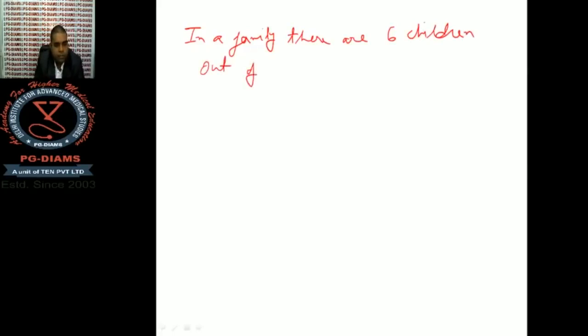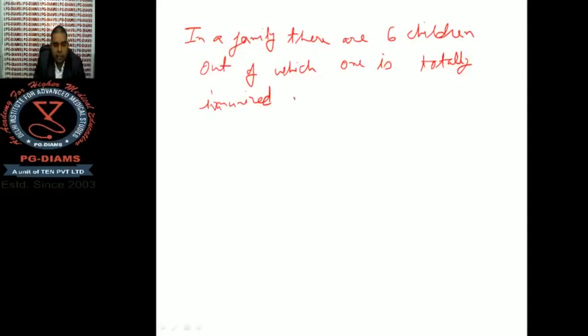In a family, suppose there are 6 children, out of which one is totally immunized, completely immunized. Completely immunized means having taken all the vaccination of the first year. That is the definition. Okay, immunized.